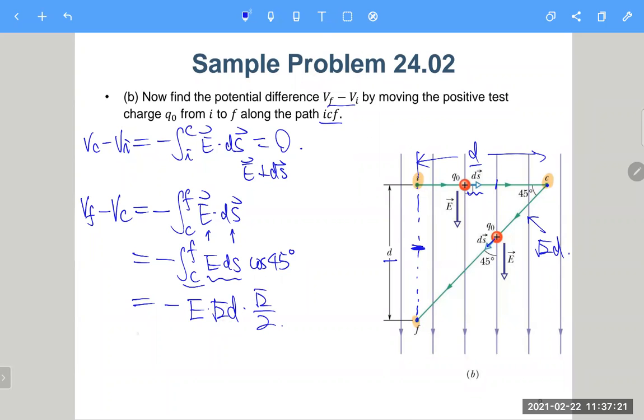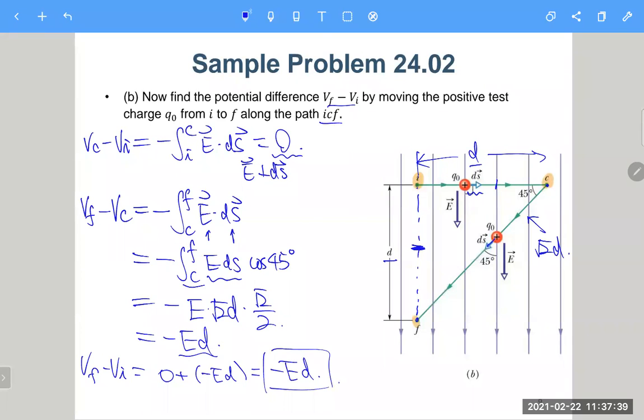So they cancel. So it would be minus Ed. So Vf minus Vi is calculated by adding these two together, which is 0 plus minus Ed, which is minus Ed, as expected. Any questions?